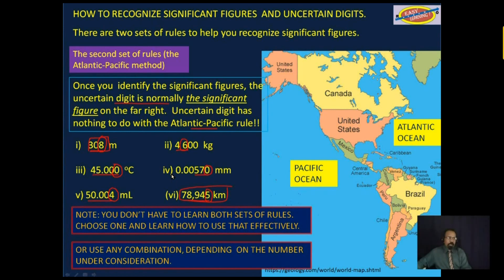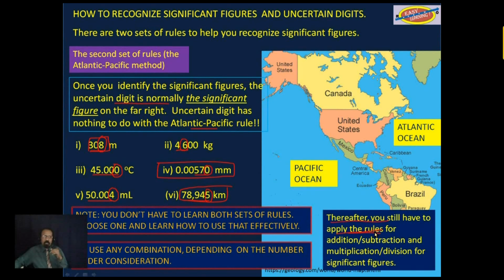This one here, number 4, it's a little more complicated, and I may need to use the Atlantic Pacific rule there. Choose whatever rule or combine them as you like, but once you find the significant figures, out of the significant figures, the number on the far right out of those is the uncertain digit.